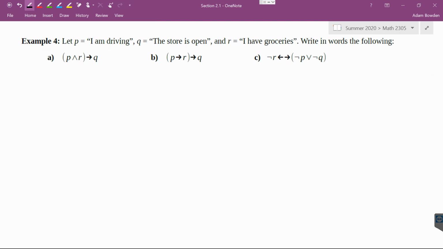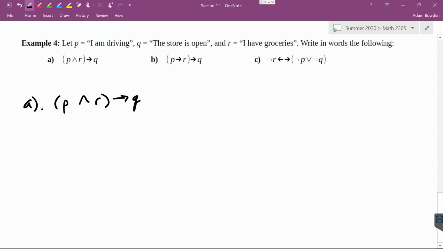Okay, now let's take some statements which are put together with letters and logical symbols and put them back together into words. So here we have P stands for I am driving, Q stands for the store is open, and R stands for I have groceries. In this next example, we're going to take the logical statement that we have here with the logical symbols and rewrite it back in words. This first one has P and R implies Q. So let's read off what P stands for.